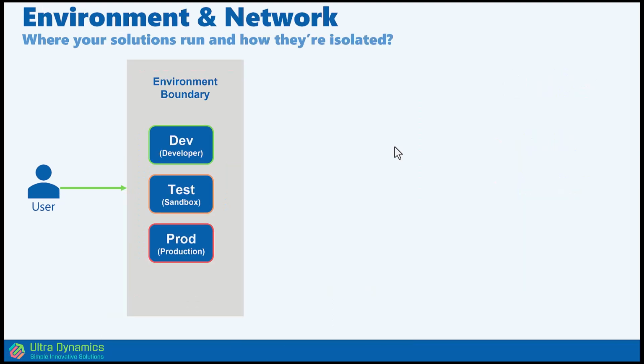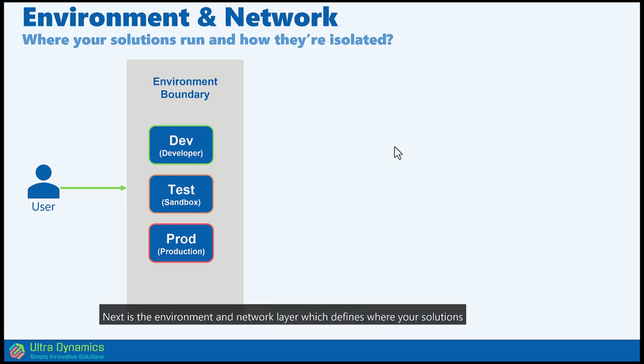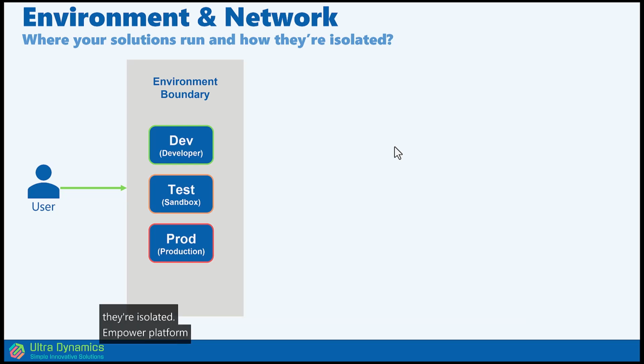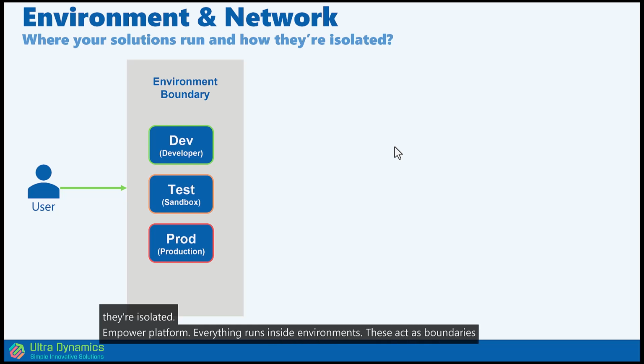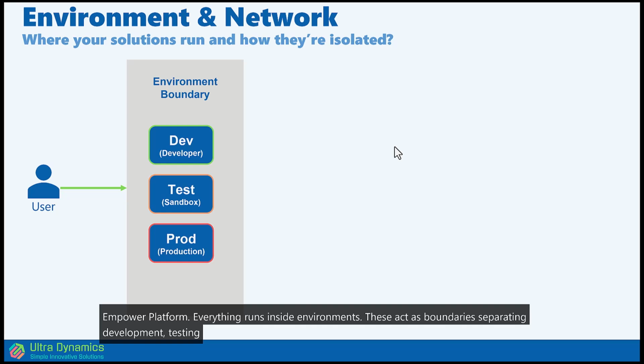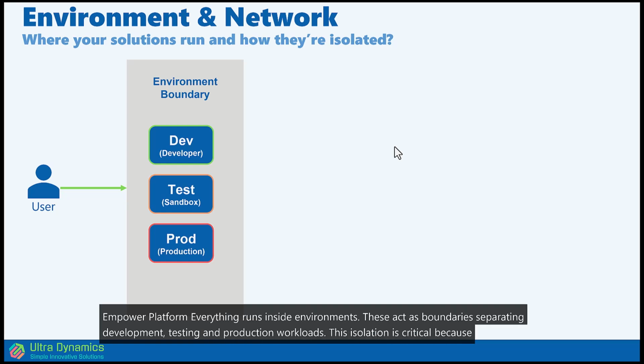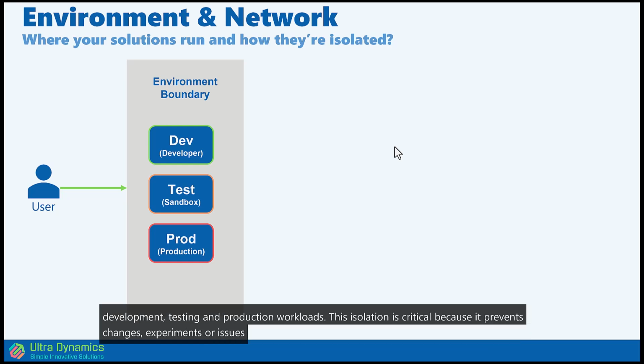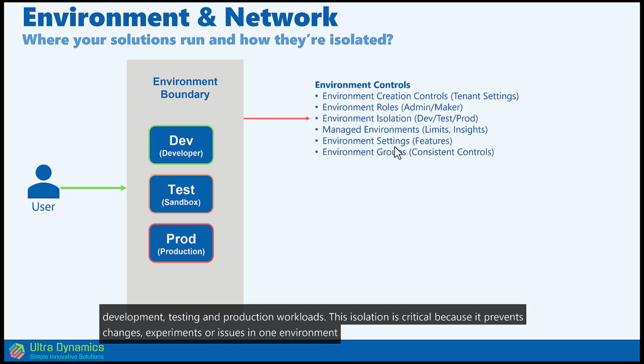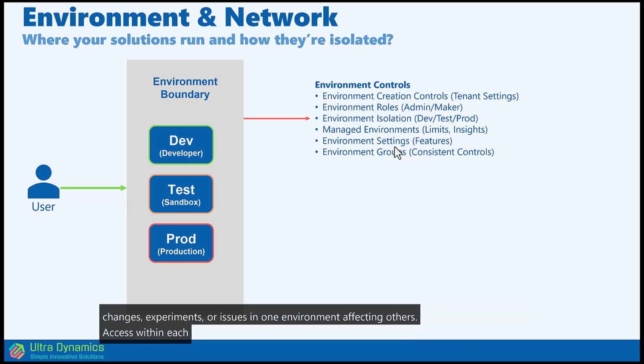Next is the environment and network layer, which defines where your solutions run and how they're isolated. In Power Platform, everything runs inside environments. These act as boundaries, separating development, testing, and production workloads. This isolation is critical because it prevents changes, experiments, or issues in one environment from affecting others. Access within each environment is controlled through roles.